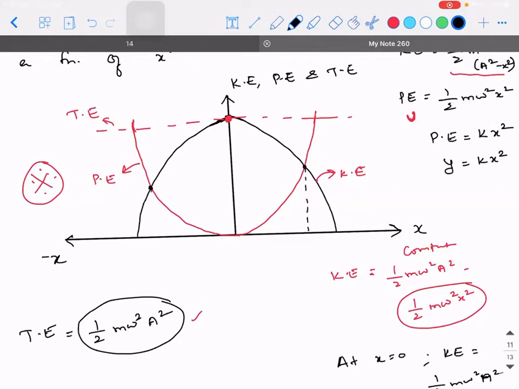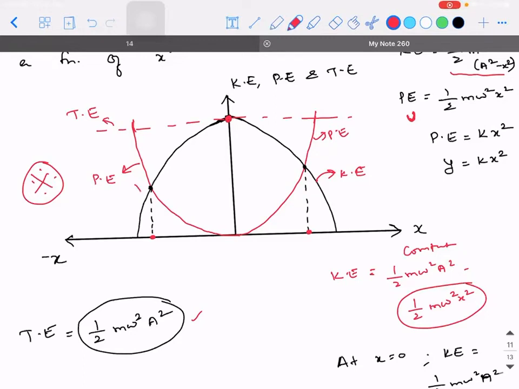So there is a particular displacement, right? There is a particular value of x for which the graphs of potential energy and kinetic energy are meeting. So what will that point represent? At the point where they meet, can I say that they both have the same magnitude? Yes, sir.